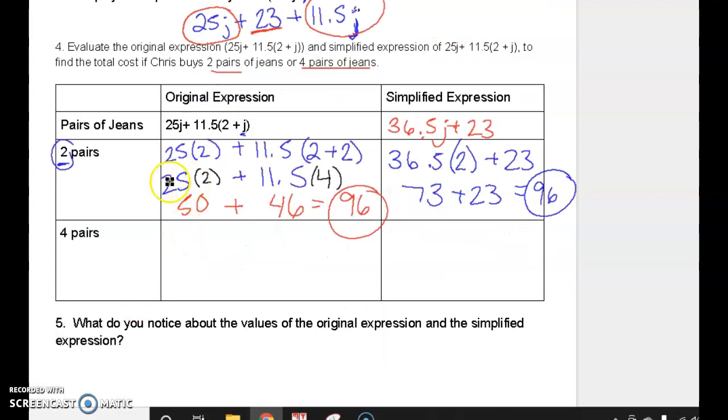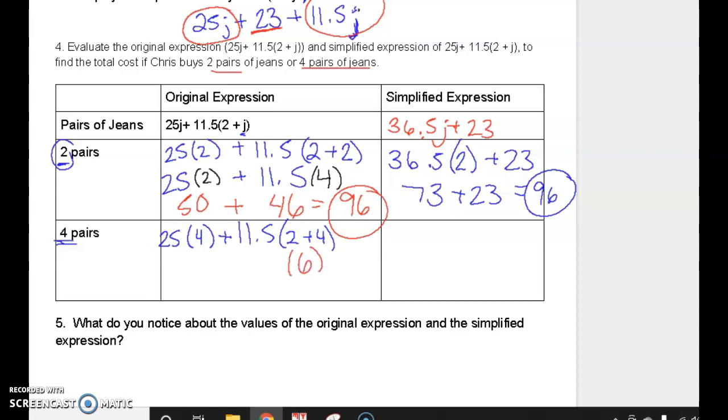All right, let's do our 4 pairs now. Anywhere we see a J, we're going to plug in a 4. So 25, here's my J, so I'm going to put a 4, plus 11.5, in parentheses 2 plus, and instead of a J, we're going to put a 4. Remember, order of operations, parentheses first. In this case, 2 plus 4.